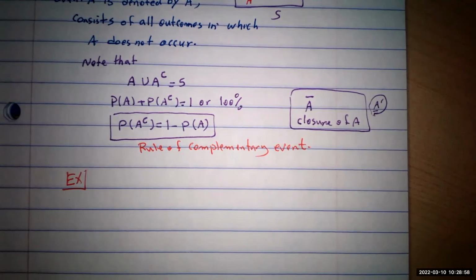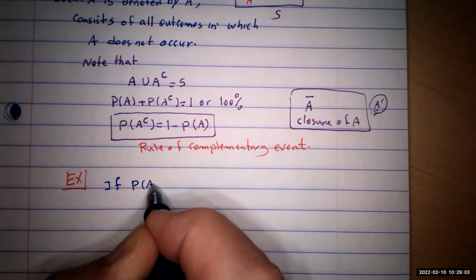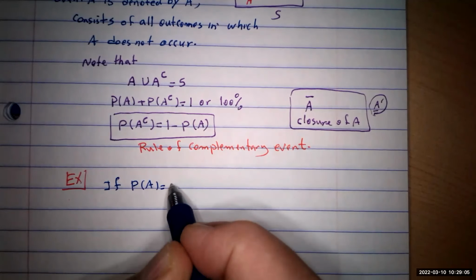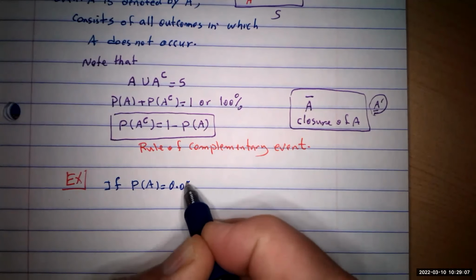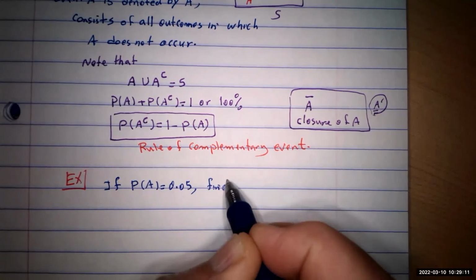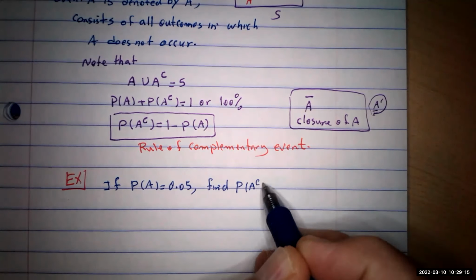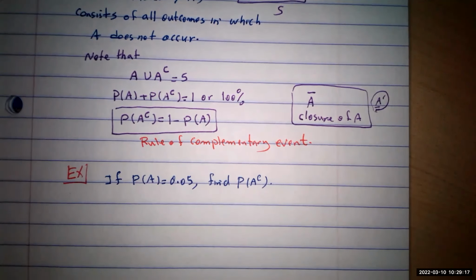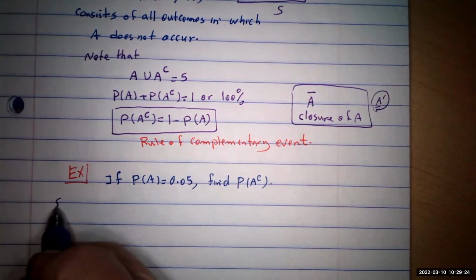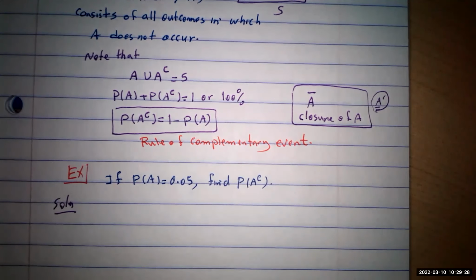So get to know that if you've been told that the probability of A, for example, is equal to 0.05, which is 5%, and they ask you to find what is P of A complement. Okay, so now you know that the relationship is, you just write the formula and you substitute to get the result.